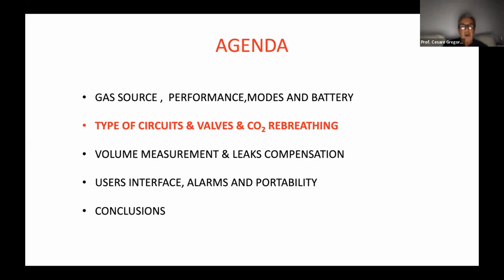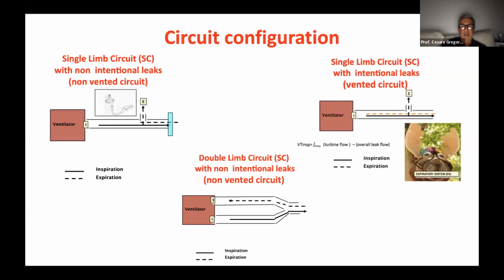So we go to another important issue: type of circuits, valves, and CO2 rebreathing. Well, we can have 3 types of circuits. The well-known double limb in different configurations, and we will see them in a few seconds.